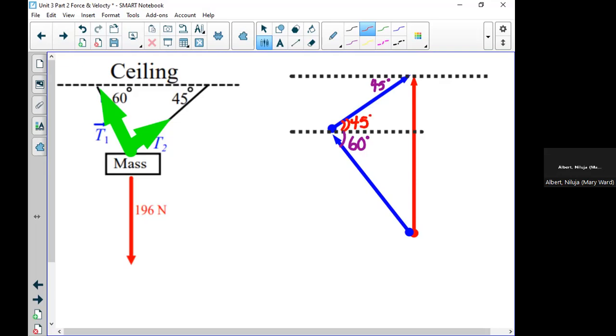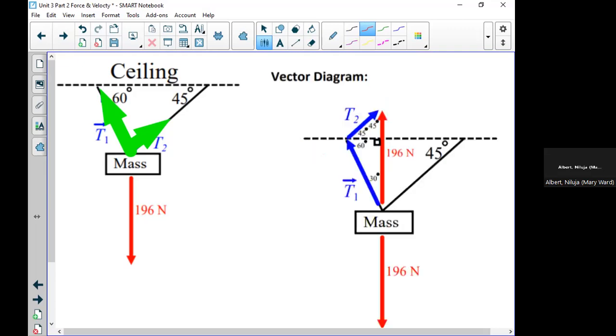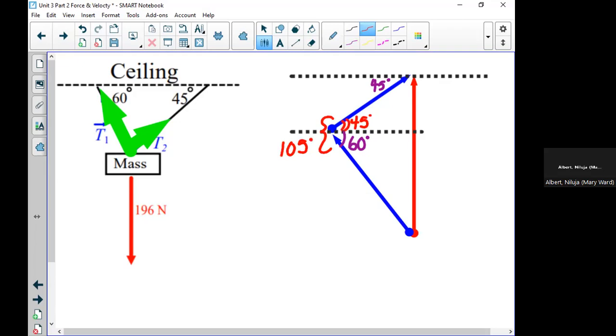So all of a sudden, if I think of this as my larger triangle, I know this angle. This angle is going to be 45 degrees plus 60 degrees, which is 105 degrees. So I know an angle in that larger vector diagram. Now I have to figure out some other angles. So we're going to keep going here. Actually, I'll stay on this slide.